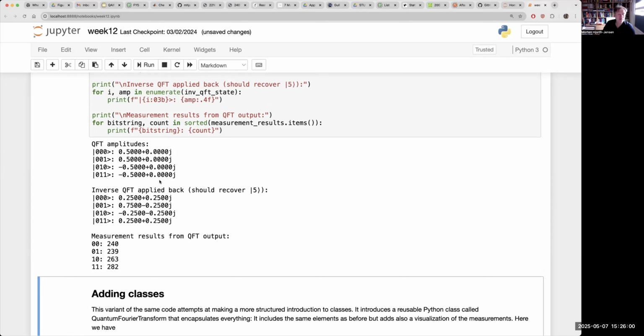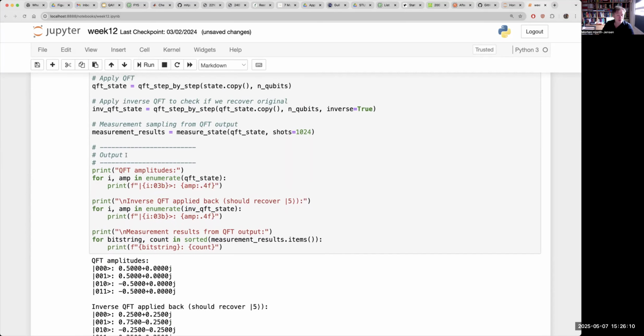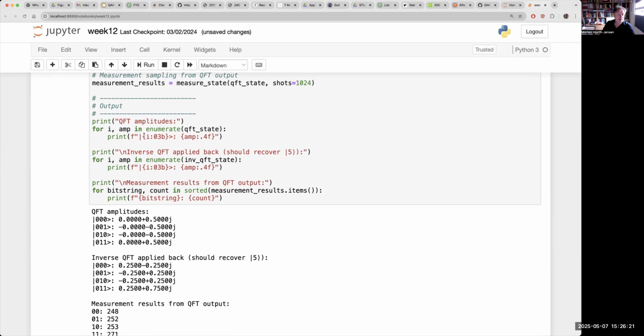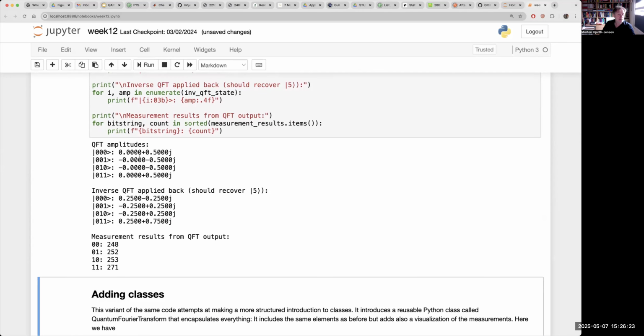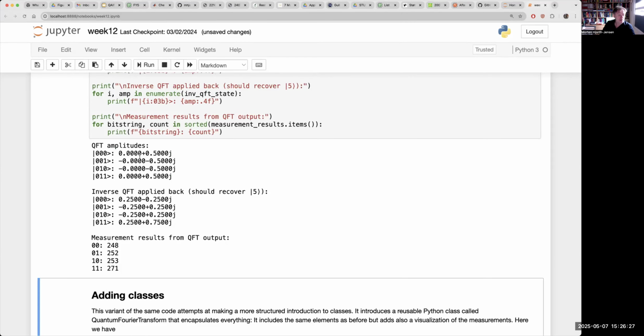And you can see now that the amplitudes, and if we look back at the example we had before the break on the whiteboard. So let's now say that the initial state is state number 3 instead. So that means that we have, let me see.